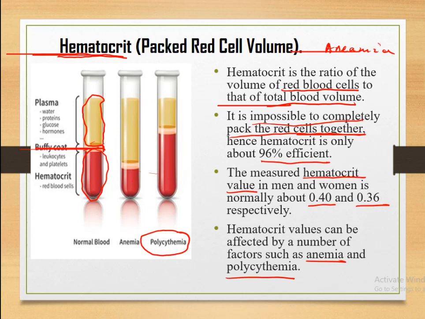When you talk of total blood volume, we are talking about the cellular part and the plasma part. The plasma part has things like water, proteins, glucose, hormones and other things.